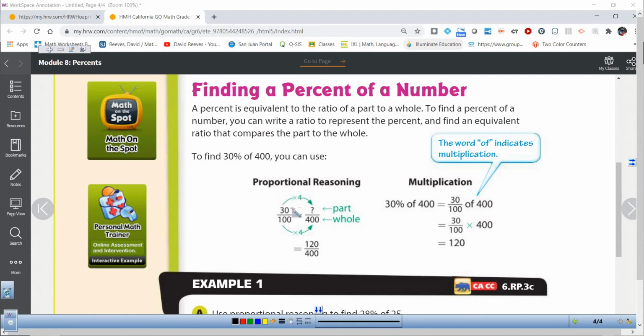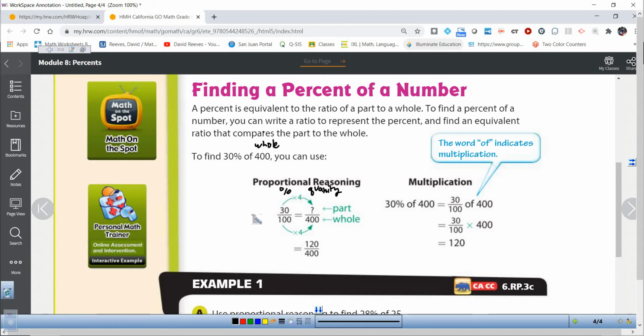Remember, 30% means 30 parts out of 100. So this is our percent ratio right here, and this is our quantity ratio. And remember, see, there's our "of 400." That indicates that 400 is our whole.